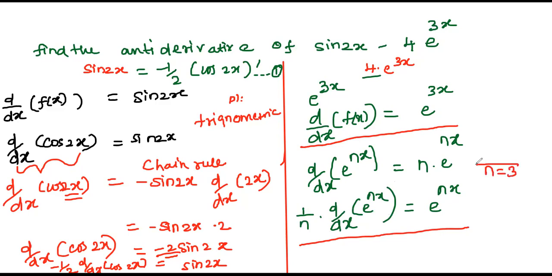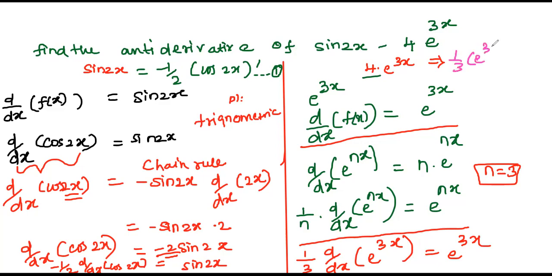So I just have to do this part. It's 1 upon 3 d by dx of e raised to the power 3x is equal to e raised to the power 3x. That's it. So this can be written as 1 by 3 e power 3x the whole dash is equal to e power 3x.